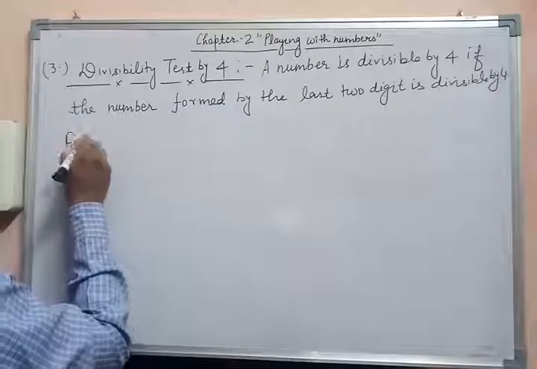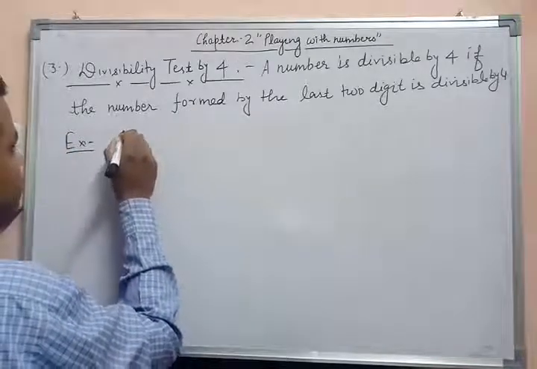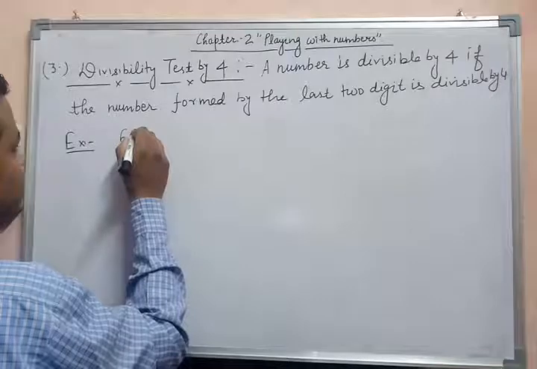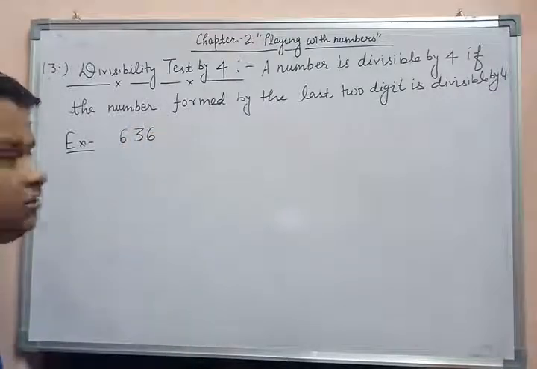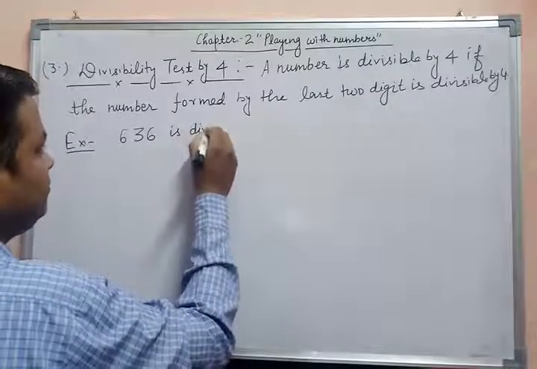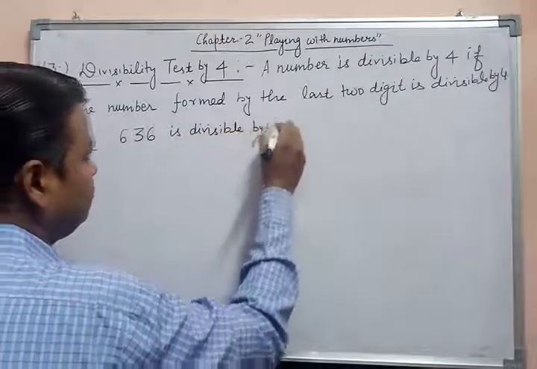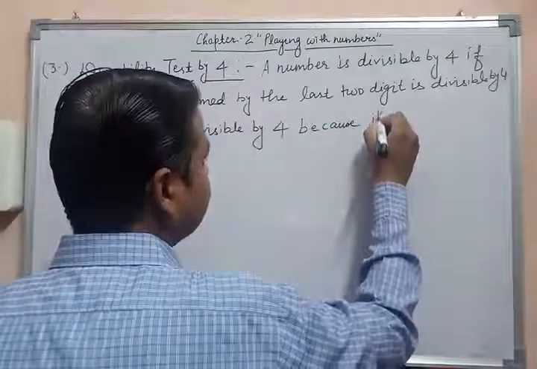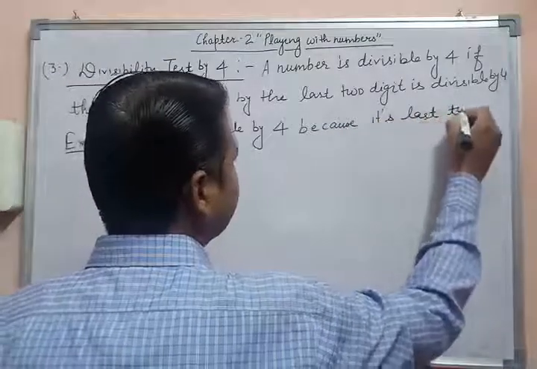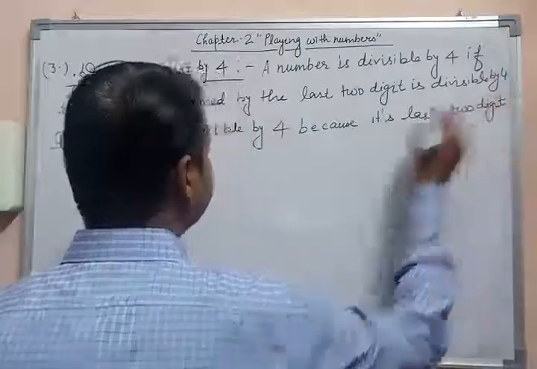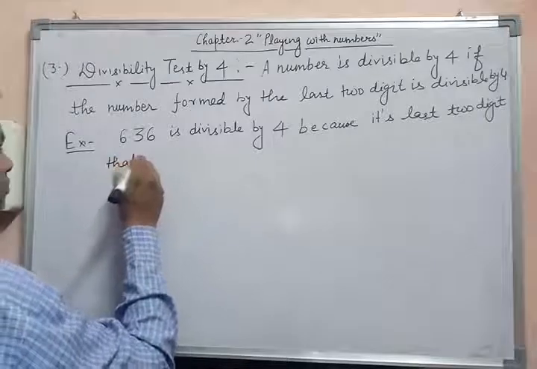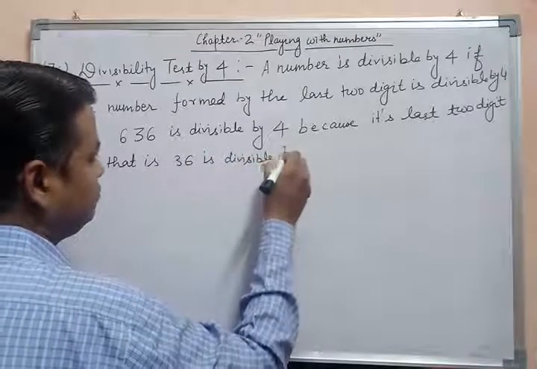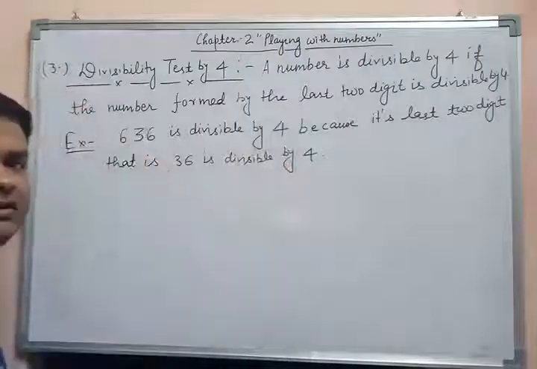For example, 636 is divisible by 4 because its last two digits, that is 36, are divisible by 4, because 4 nines are 36.